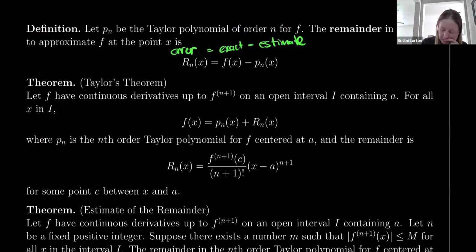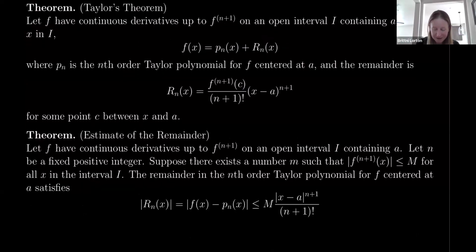And so Taylor's theorem says that if you're using the nth order Taylor polynomial, the remainder is actually going to be equal to the first neglected term, ish. I really meant the word ish there, because notice the variable changed. It's now plugging in c, where c is some number between x and a, and I don't actually know what it is, because we're talking about if I don't know the exact value, we are just going to be estimating it.